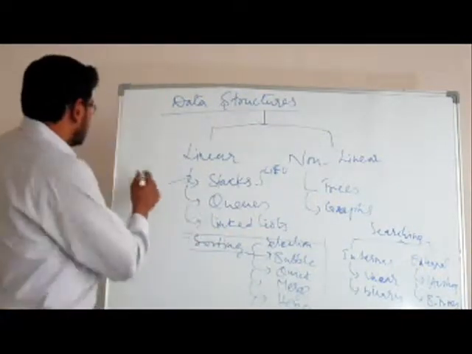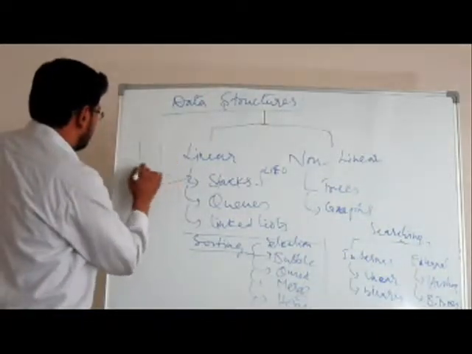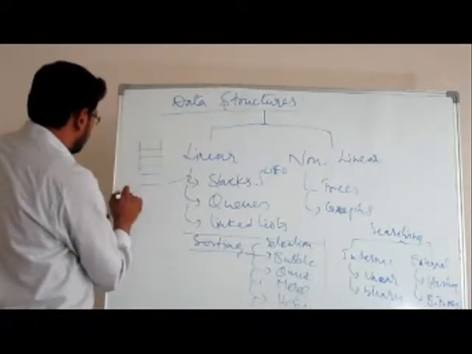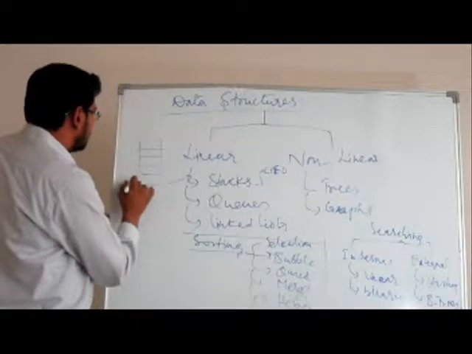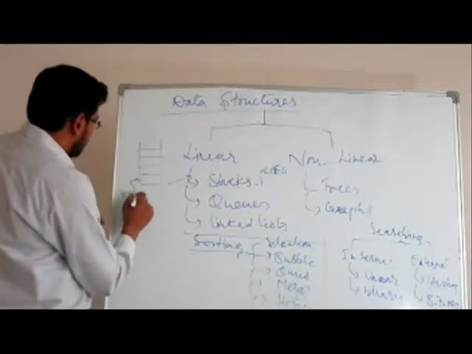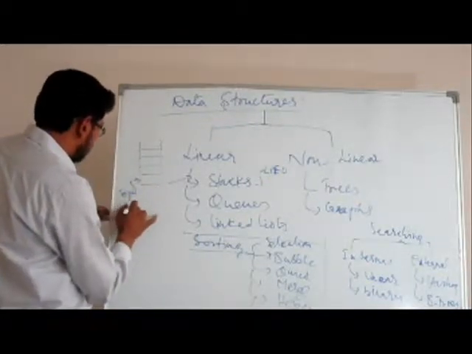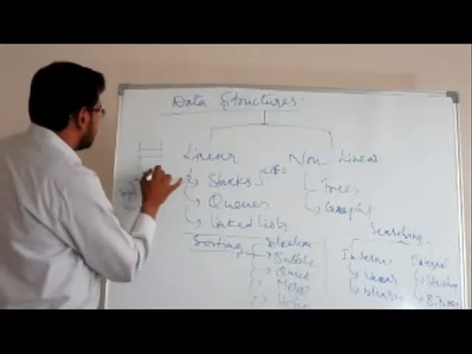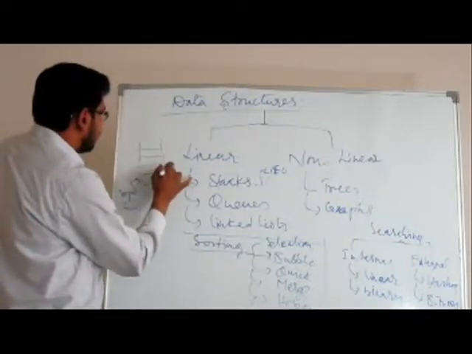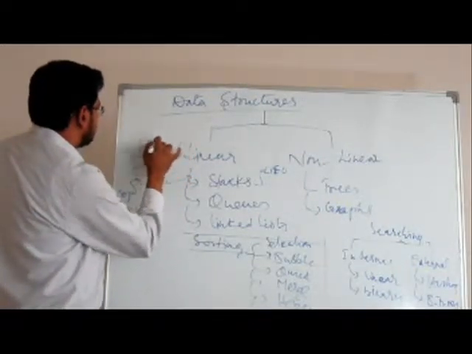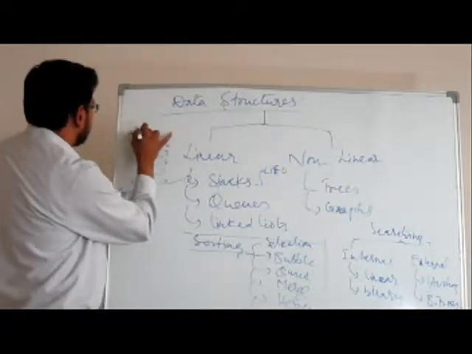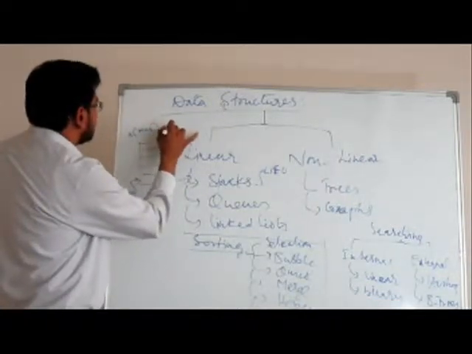So if I take one horizontal stack and one variable top, let us say initially it is equal to -1, and the indices of this particular array are 0, 1, 2, 3, 4, where the array size is fixed as 5.